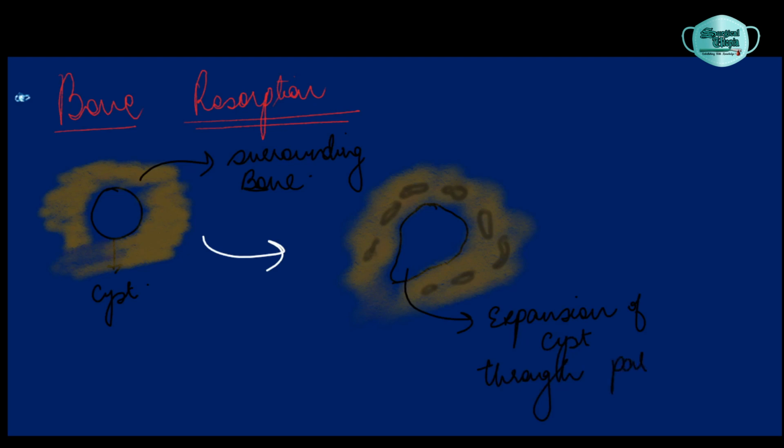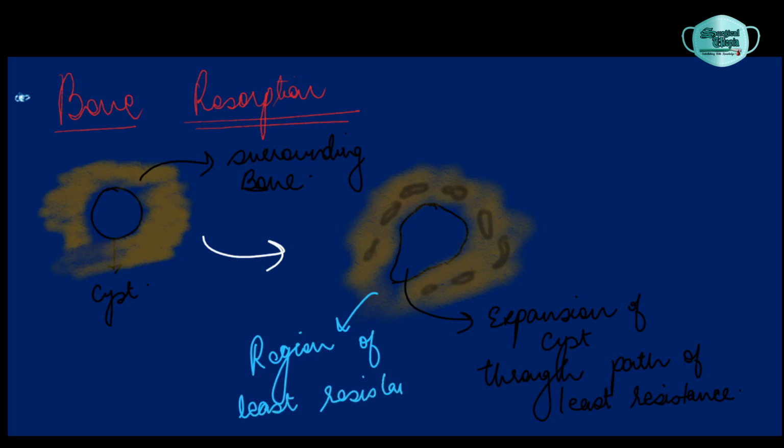And in this case, the cystic lining will release factors which activate the osteoclast, that is the bone resorbing cells, and there will be more formation of the osteoclast cells which will enhance the resorption of the bone, and this will lead to the enlargement of the cyst.